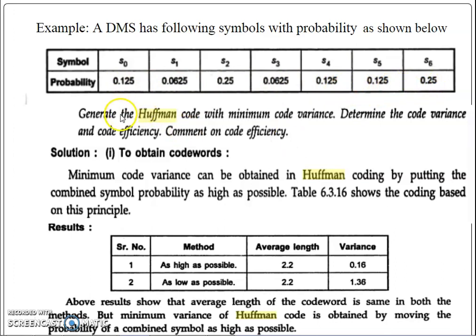We have to generate the Huffman code with minimum code variance, determine the code variance and code efficiency, and comment on the code efficiency.